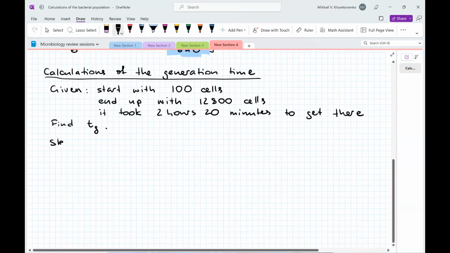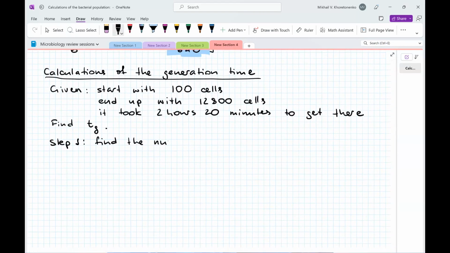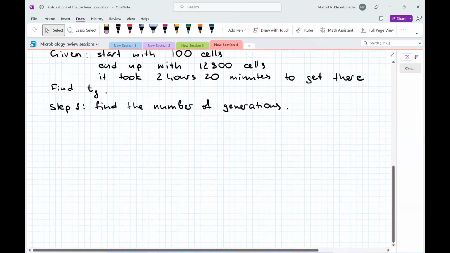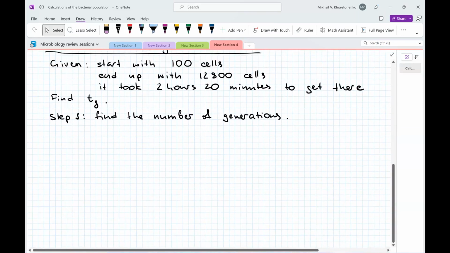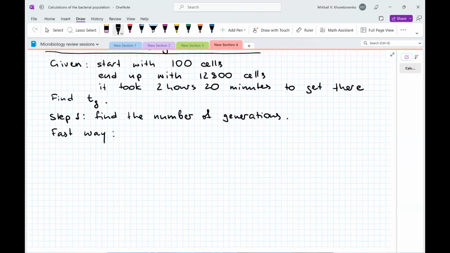So step 1, find the number of generations. There are 2 ways. I'm going to say the fast way. Step A, divide the final number by the initial number first.